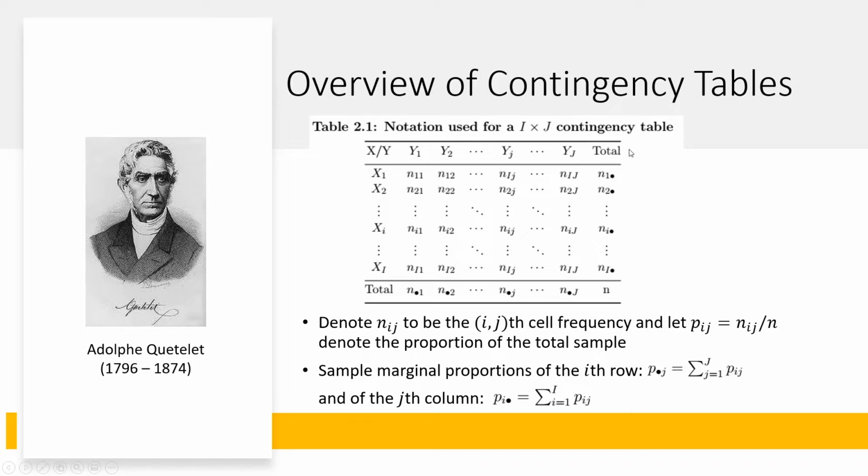We can denote the ij cell frequency to be nij and its proportional cell frequency by pij, when we basically take any cell and divide it by n. The sum of proportions on the ith row across the columns we denote pi dot. Similarly, the sum of proportions on the jth column across the rows is denoted p dot j.